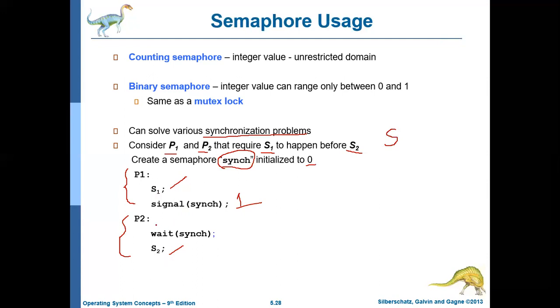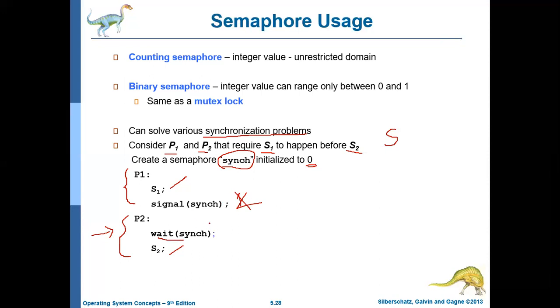But say the order is not maintained. Assume P2 is executing first, not P1. There is a chance that S2 may be executed first, which should not happen. So in this case, what happens? Sync is initialized with 0. So before executing S2, P2 calls wait of sync. In the wait code, you know what it does.